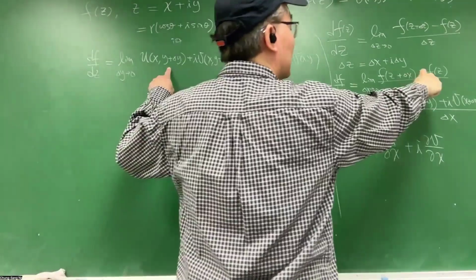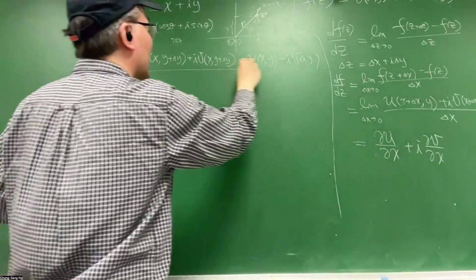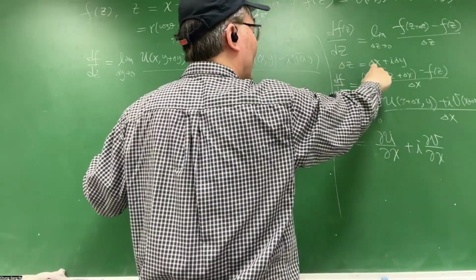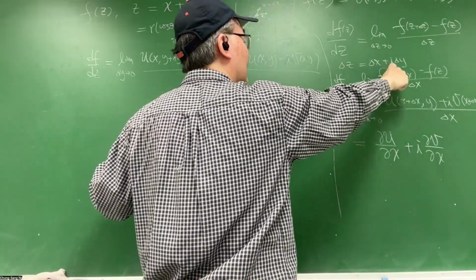So this is this one. And then we divide it by delta z. In this case, delta x is 0, so delta z is i times delta y.